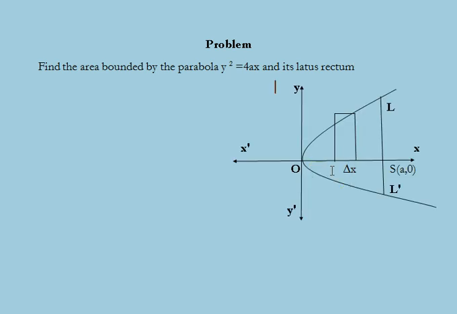Next, we are going to consider a problem in which we have to find the area bounded by the parabola y square equal to 4ax and its latus rectum. Now, a rough sketch of the parabola y square equal to 4ax can be drawn as shown. Here, let S with coordinates (a, 0) be the focus and L S L dash be the latus rectum of the parabola y square equal to 4ax.